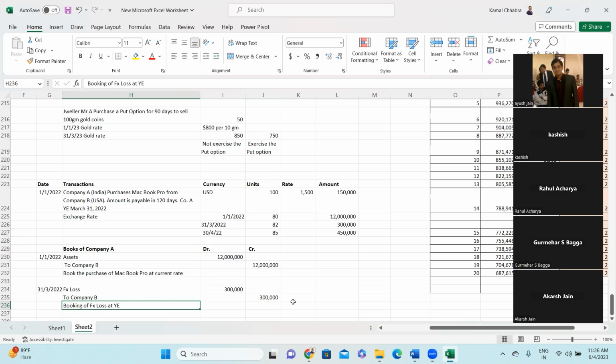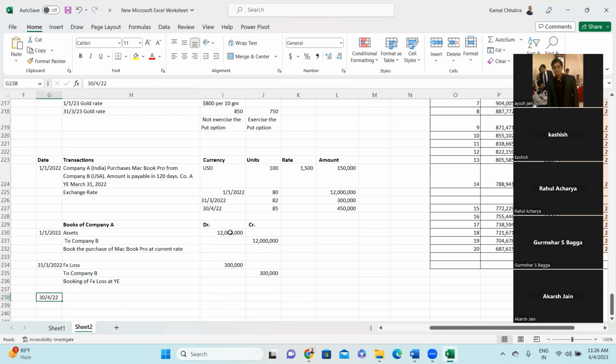Right. Okay. Now on 30th of April, when you are actually settling the transaction, what will be the debit and what will be the credit? Sir, the remaining forex loss will also be debited, and as payment is to be made to company B, company B will be debited to bank with the normal amount, and we will book the difference in the P&L as extra loss over and above for 4,50,000 rupees.